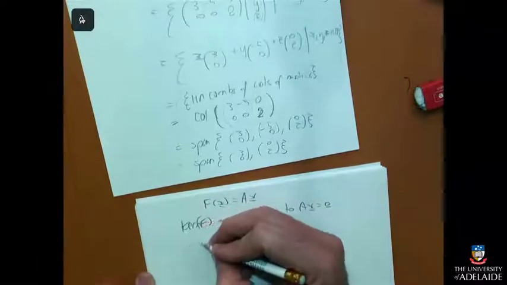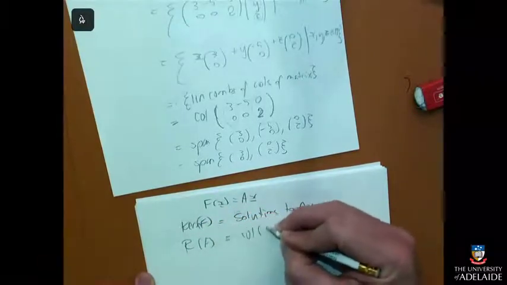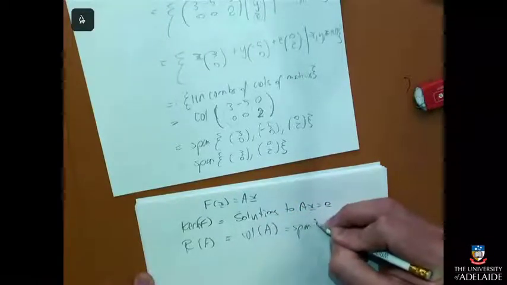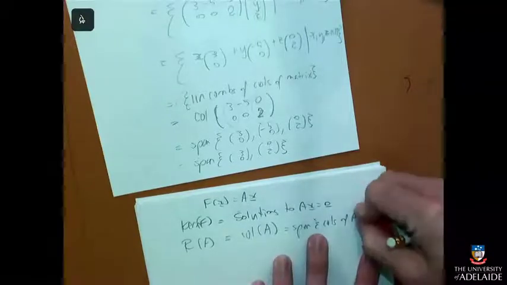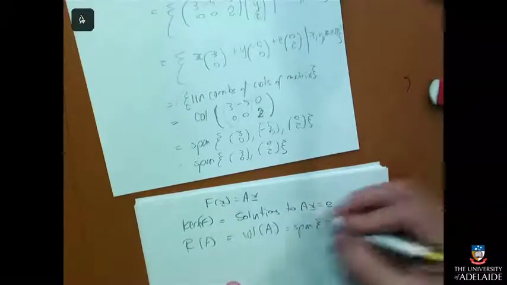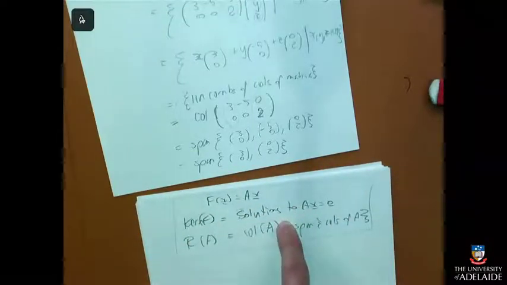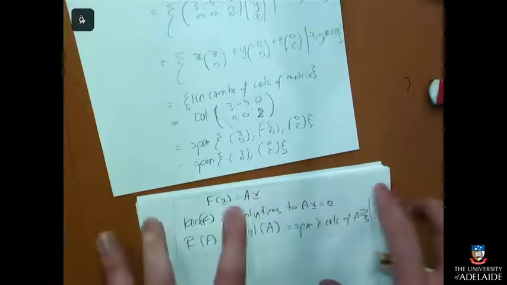And the range of f is the column space of the matrix, which is the span of the columns of A. Well, that's useful stuff. So this is not what the definition is. The definition uses f. It's just if you happen to know the matrix, then you can figure it out from there.